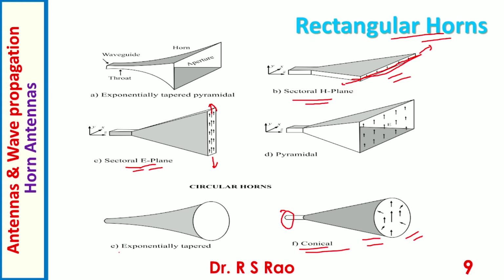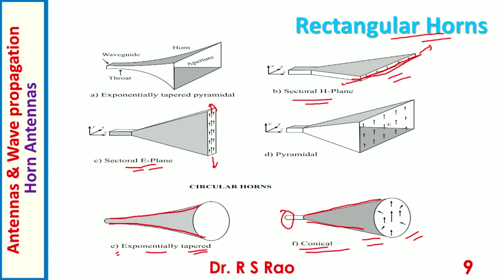Now, in E is shown an exponentially tapered conical horn. Here it is plain, but here it is tapered. Why is it tapered? What is the advantage we get? The main advantage is matching. Matching becomes smooth, eliminating reflections.